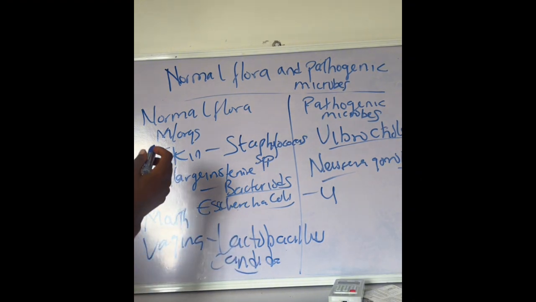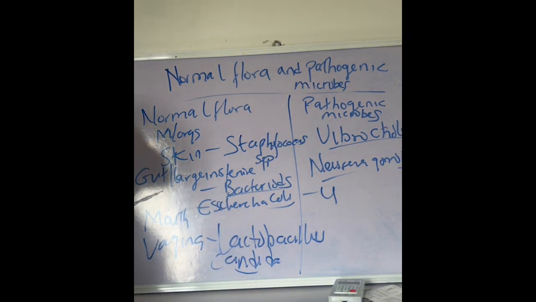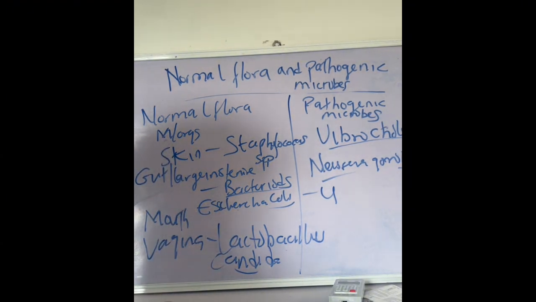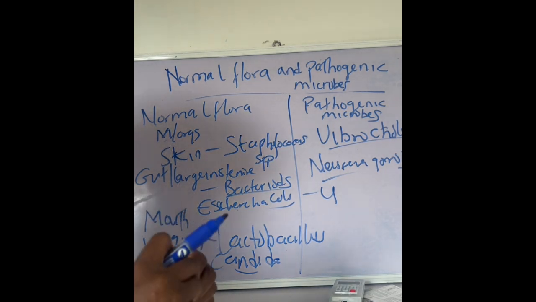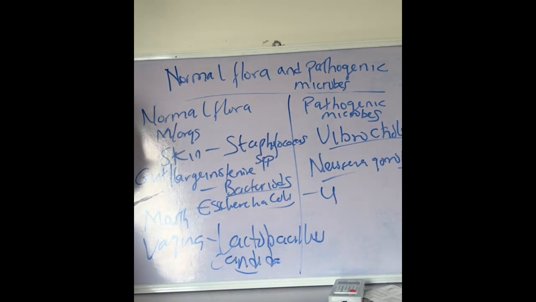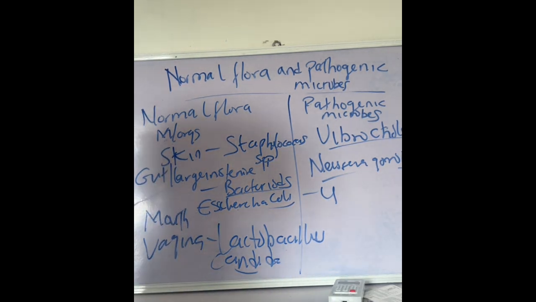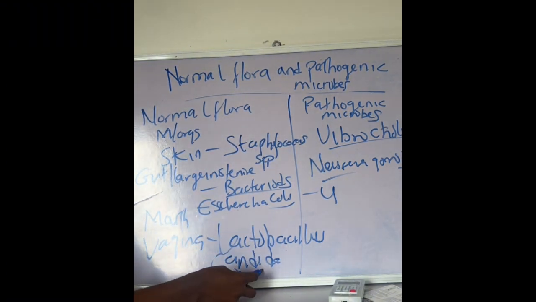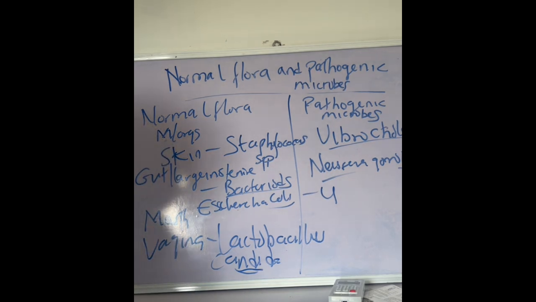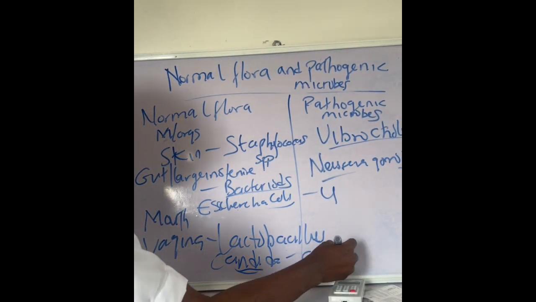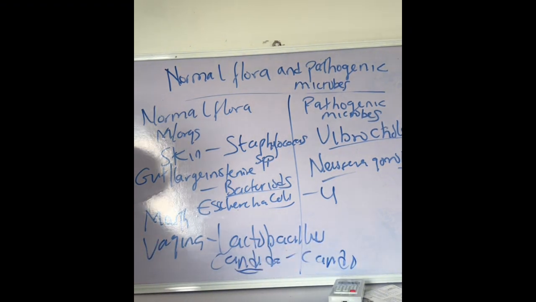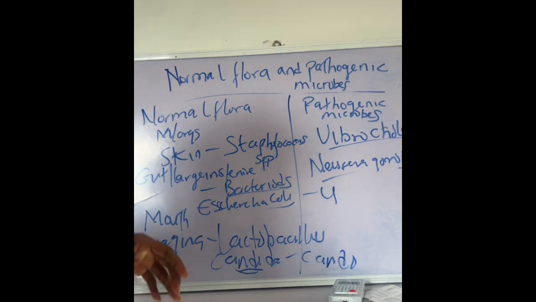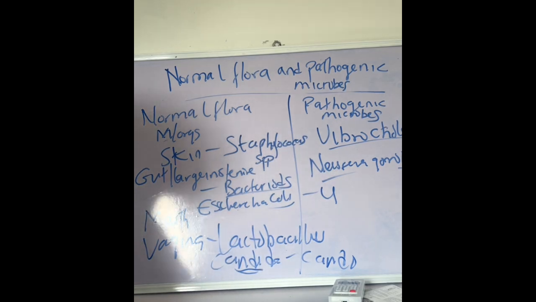Candida is part of the normal flora of the vagina, but when there is an imbalance, probably from abuse or regular use of antibiotics or use of douches or things that can throw off the pH of the vagina, it can lead to the overgrowth of Candida, and in that case it now causes a disease called candidiasis. At that point, Candida is no longer just a normal microbiota, it has become an opportunistic pathogen.